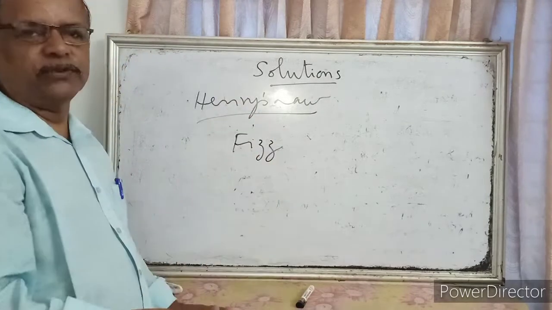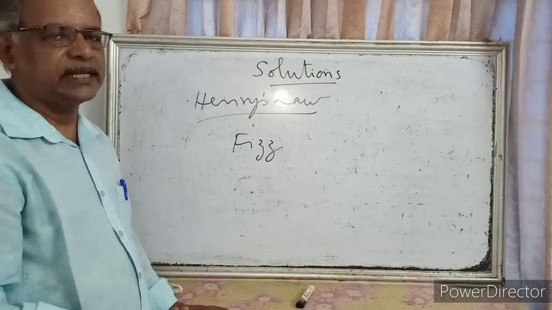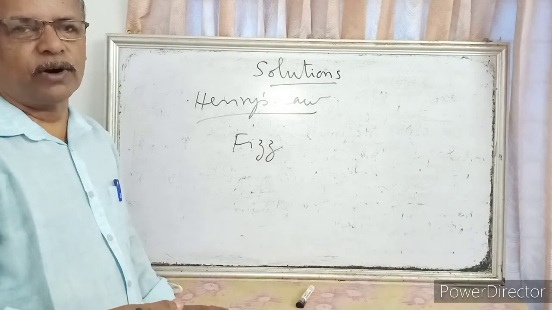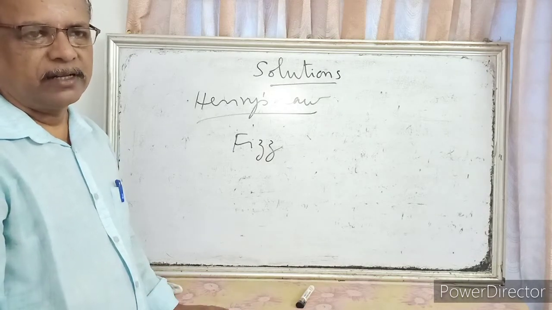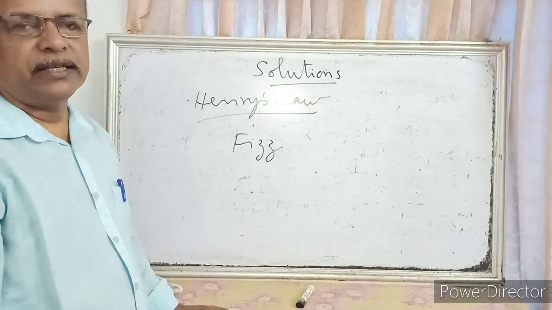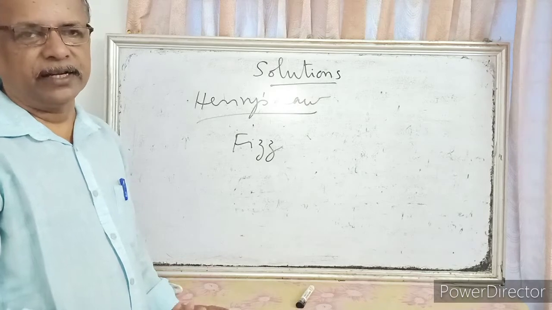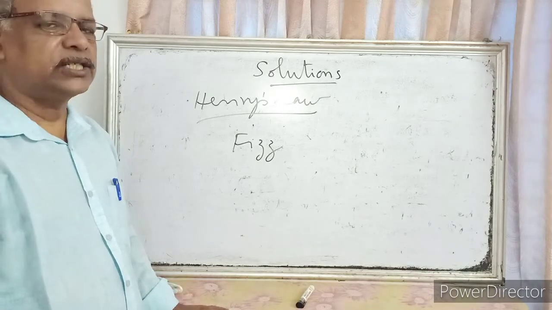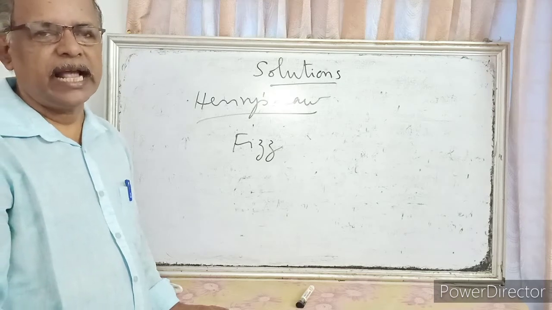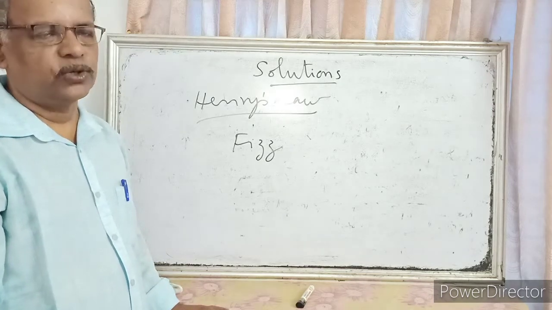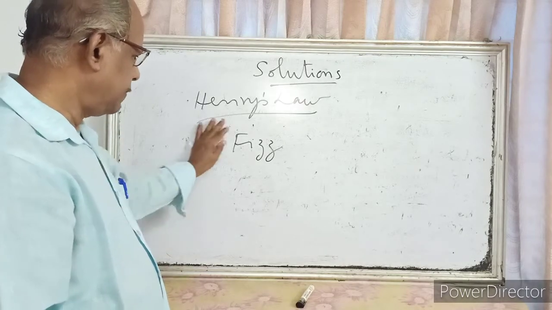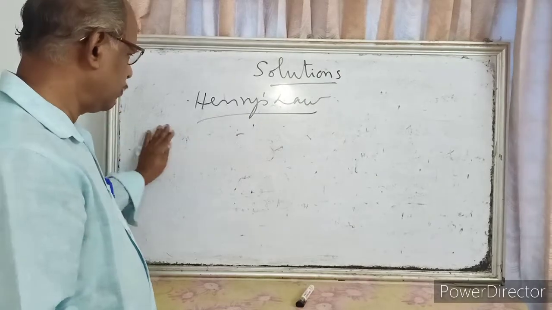So it will jump out, that is, will fizz out. The reason is, soda water is prepared by passing carbon dioxide through water under pressure. So more carbon dioxide dissolves in water when you apply pressure. But when the bottle is suddenly opened, then what happens? Its solubility decreases and the dissolved carbon dioxide escapes suddenly. So that causes the fizzing of water. That is one application related with Henry's law.